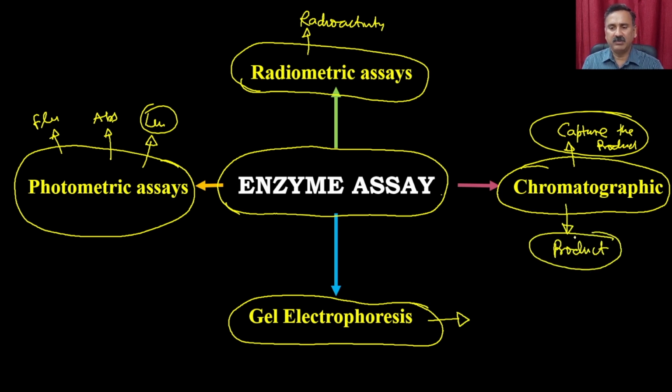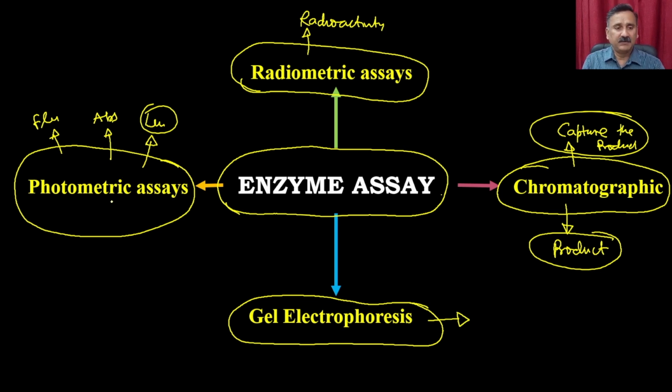And you can then quantitate this product with the help of either the photometric assays or radiometric assays. Same way, you can use an electrophoretic system to visualize the substrate, and then use either the photometric assays or radiometric assays to quantitate the product, right?